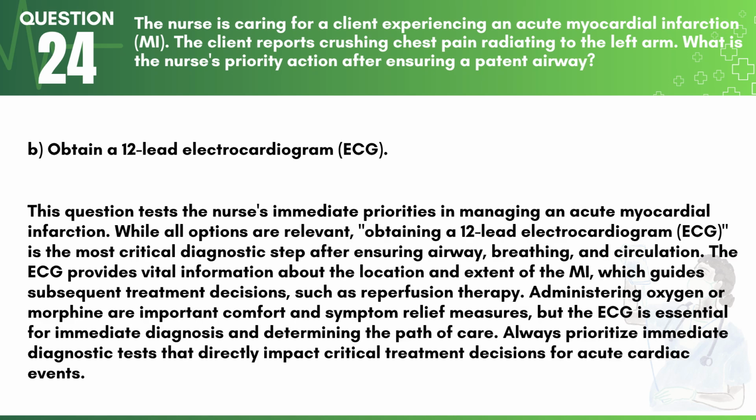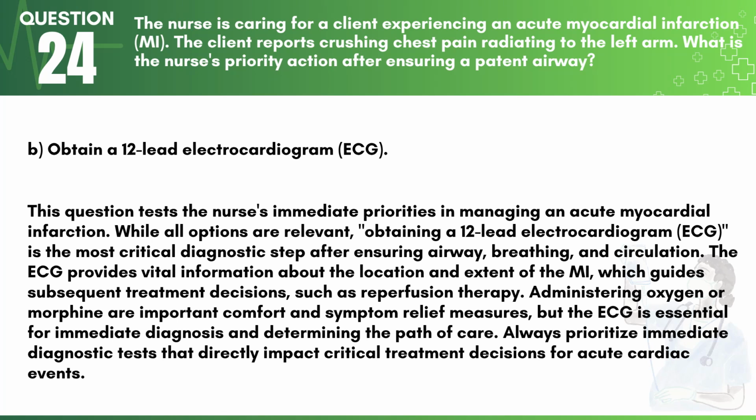Answer: B. Obtain a 12-lead electrocardiogram, ECG. This question tests the nurse's immediate priorities in managing an acute myocardial infarction. While all options are relevant, obtaining a 12-lead electrocardiogram, ECG, is the most critical diagnostic step after ensuring airway, breathing, and circulation.